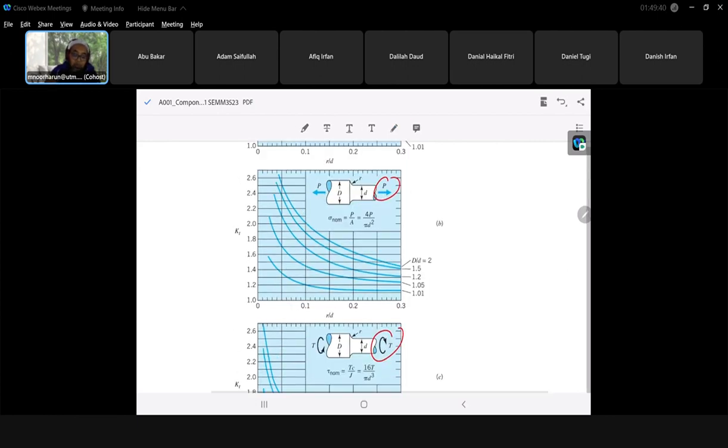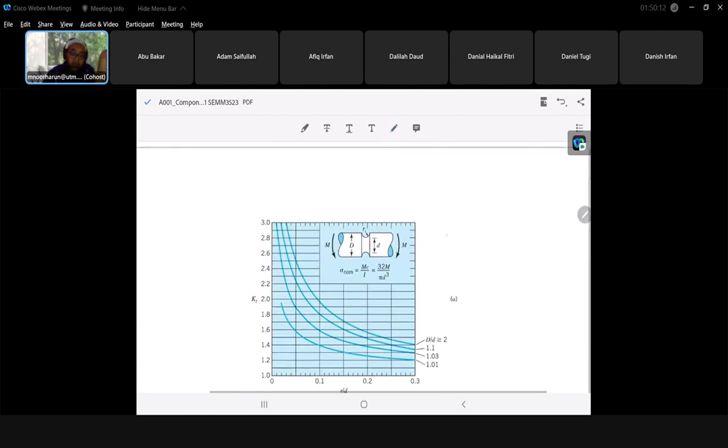So you have to use a different graph and different reading for each type of load. This one has just two types. The fillet is in the middle between the small diameter and the big diameter.